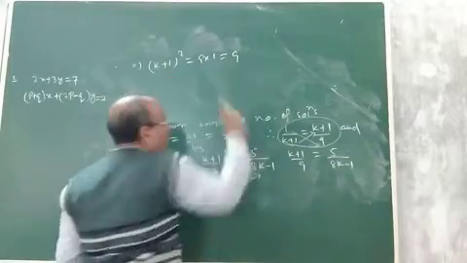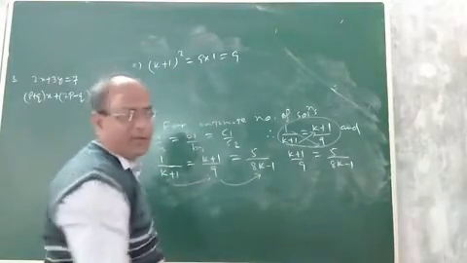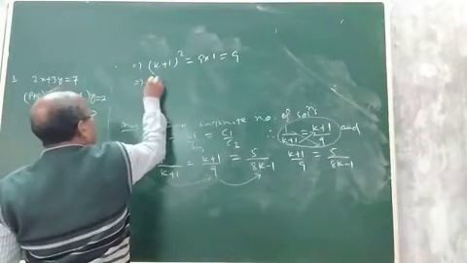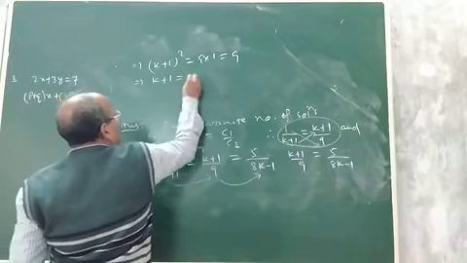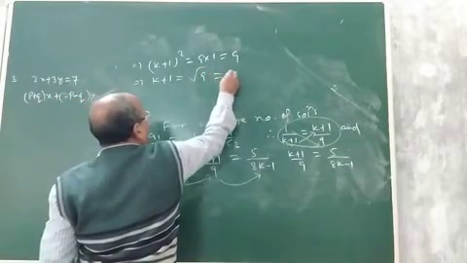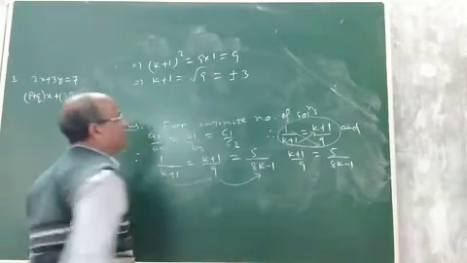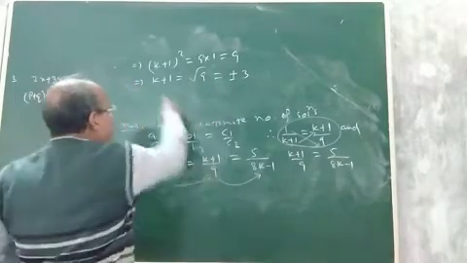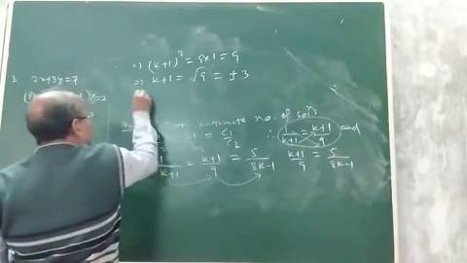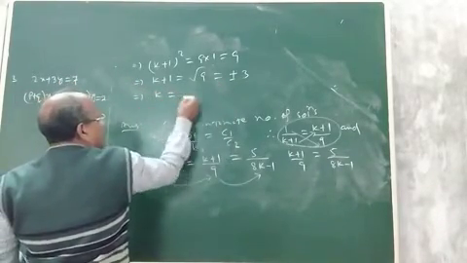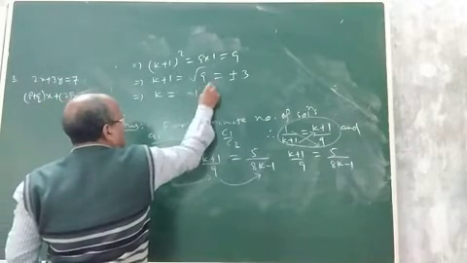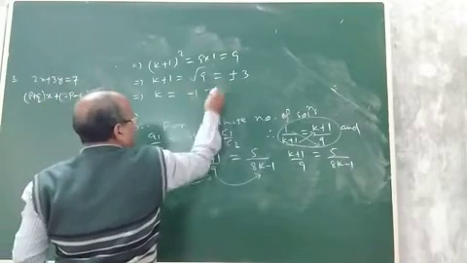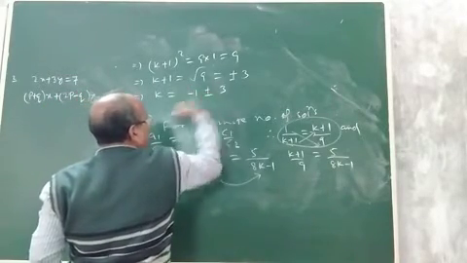So if k plus 1 whole square is 9, then what will be k plus 1? Then k plus 1 will be equal to square root of 9, which is plus or minus 3. Okay? So k plus 1 is plus or minus 3. Now if k plus 1 is plus or minus 3, what will be k? k will be minus 1, taking this minus 1 to the right hand side, it will be minus 1 plus or minus 3.